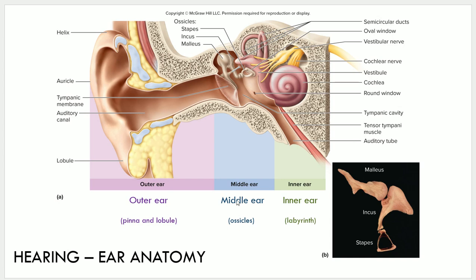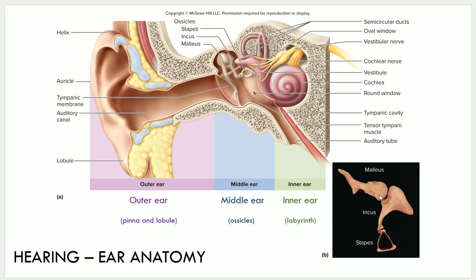Middle ear, ossicles. Remember, anything OSS is bone, osseous bone. So ossicles are your ear bones. Here we have the stapes, incus, and the malleus. If we were to look at a cadaver, middle ear, here it is.